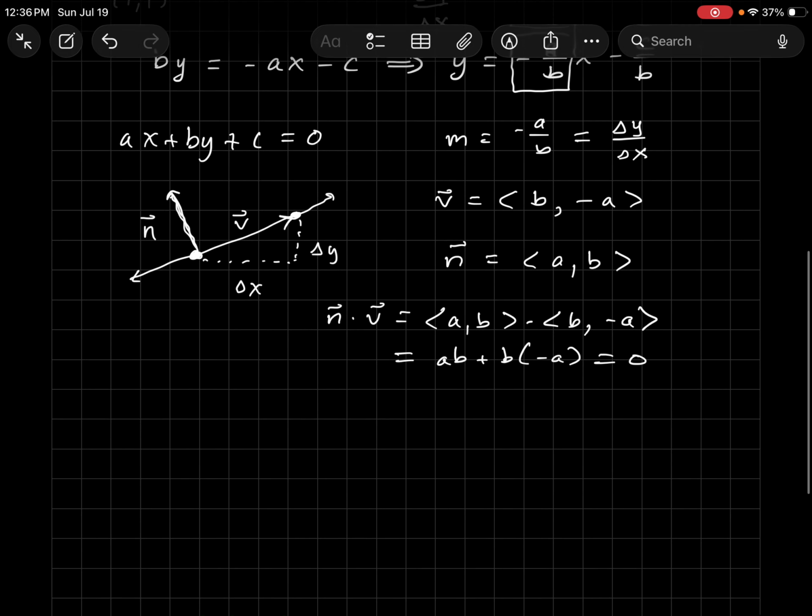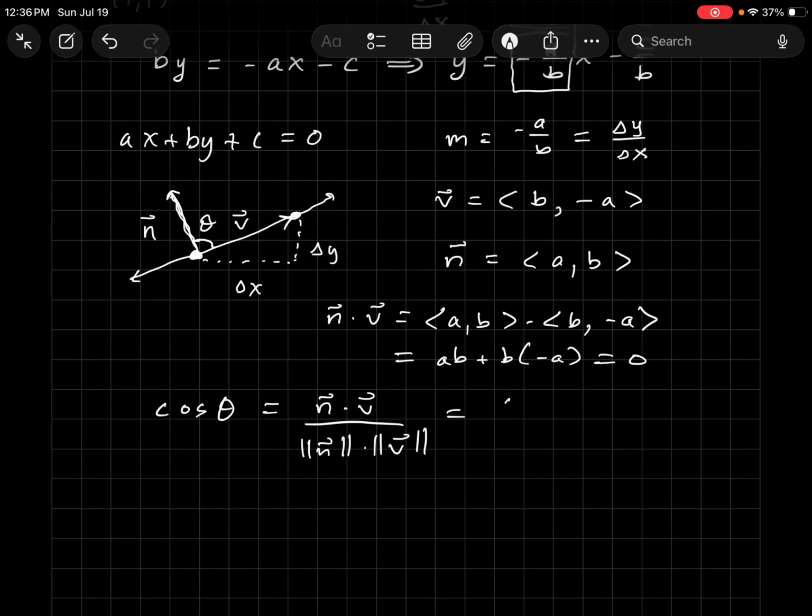Now recall that the cosine of the angle between two vectors is given by one vector, so I'll say n dot v over the magnitude of n times the magnitude of v.